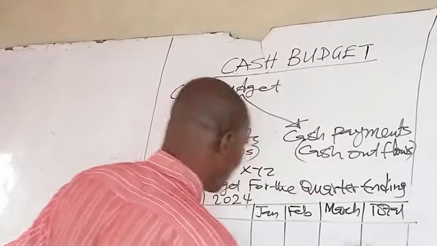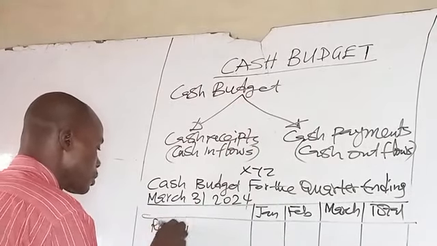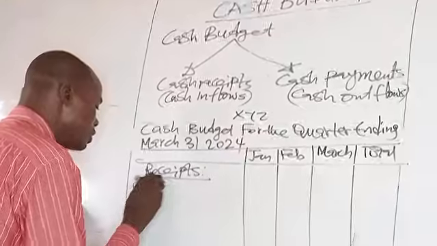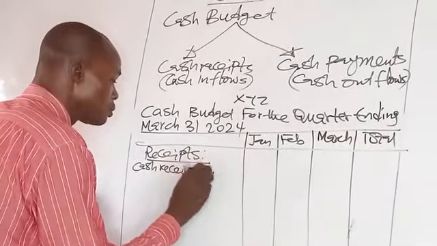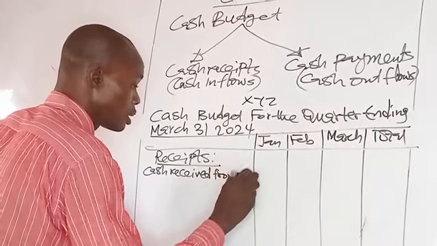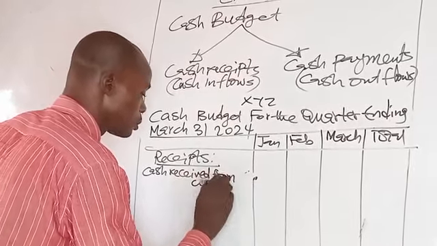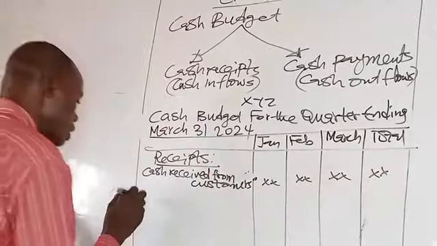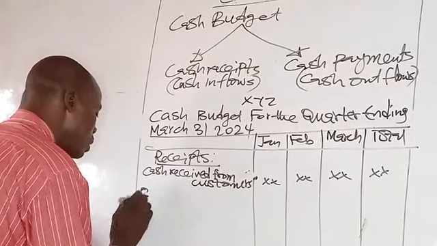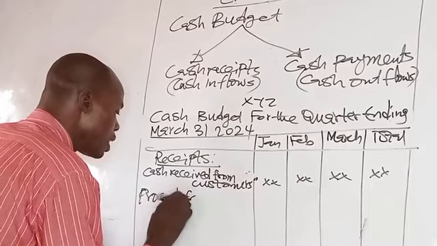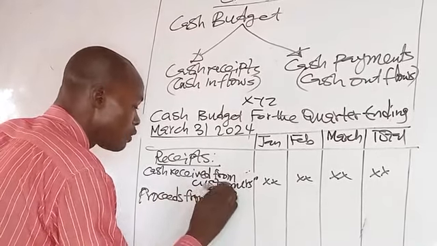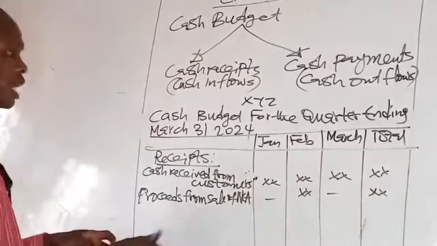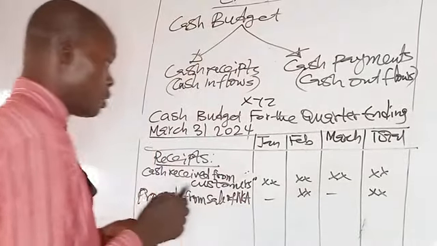So in cash budgets, we normally have receipts. The receipts may include cash received from customers, cash or proceeds from sale of non-current assets. So let's assume the non-current asset was sold in the month of February.